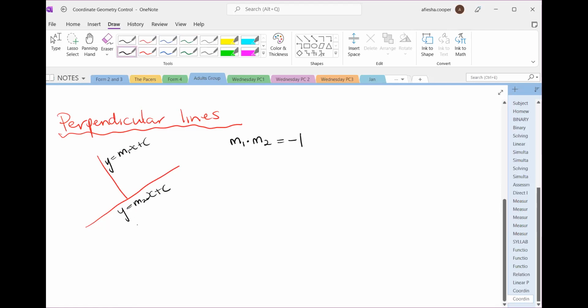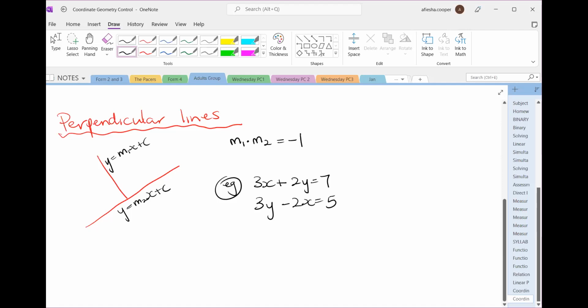When I multiply the two gradients, I will get the answer as -1. So if I do an example and I say 3x plus 2y is equal to 7 and 3y minus 2x is equal to 5.